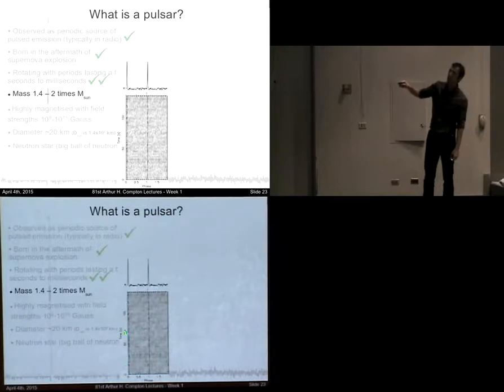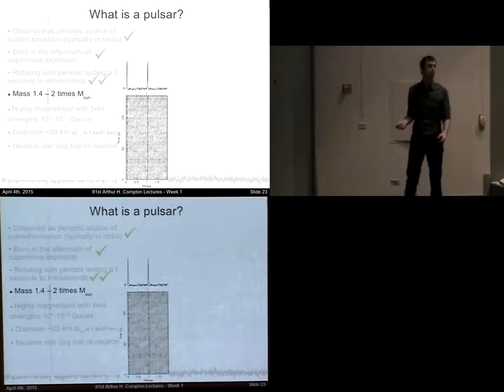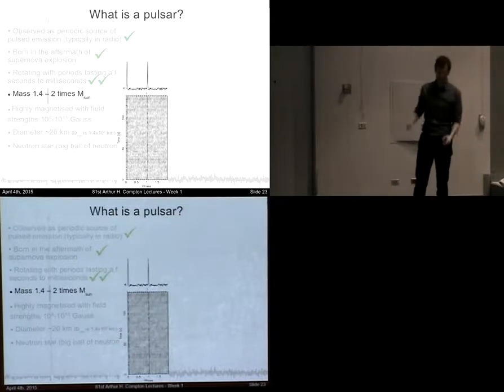Time is on the y-axis, the brightness of the pulse is on the z-axis, and the phase of the pulse is on the x-axis. You can see this black streak as we wrap around, where the intensity is in the same place. So this is how a typical pulsar will look in this diagram.